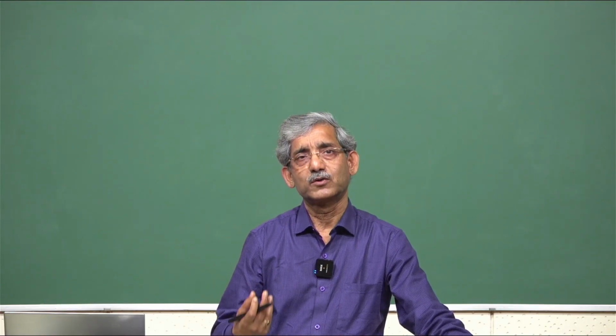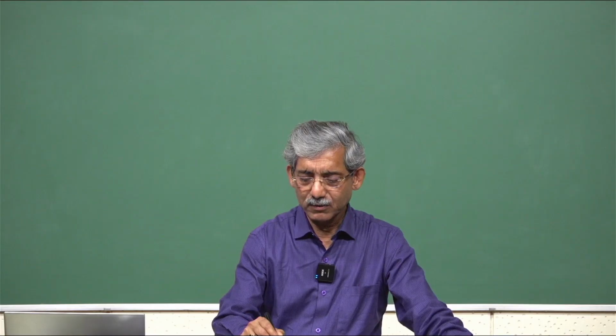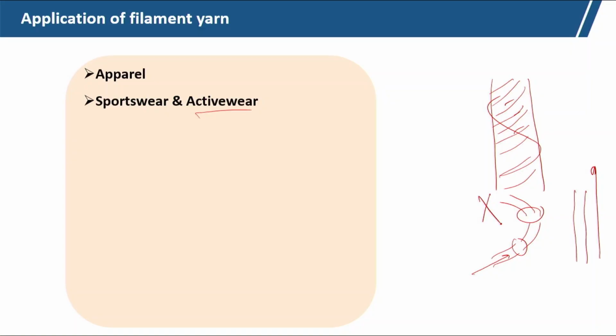Through the discontinuous pores, the capillary channel, the rate of flow of the fluid will be very, very slow. That is why in high active sportswear where lots of sweating is there, the wicking characteristics will be very poor in the case of staple yarn. But if we use filament yarn, that will give us a very high wicking rate.